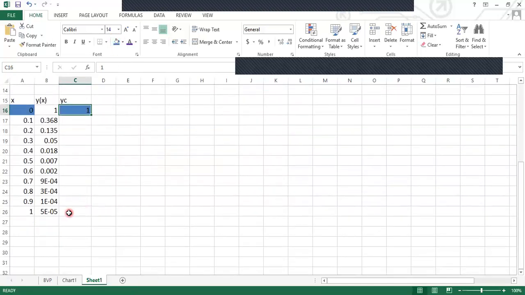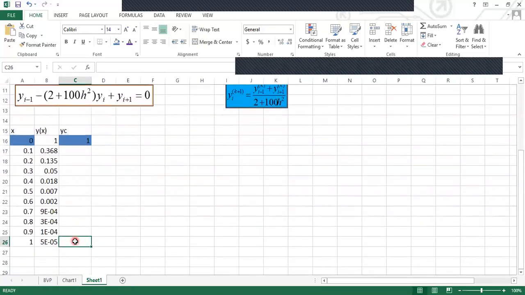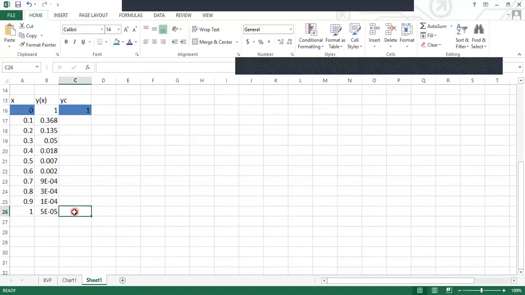And we have the other value available at the end point, y of 1 equal to e raised to the power minus 10. So let's generate this value. It is e raised to the power minus 10.